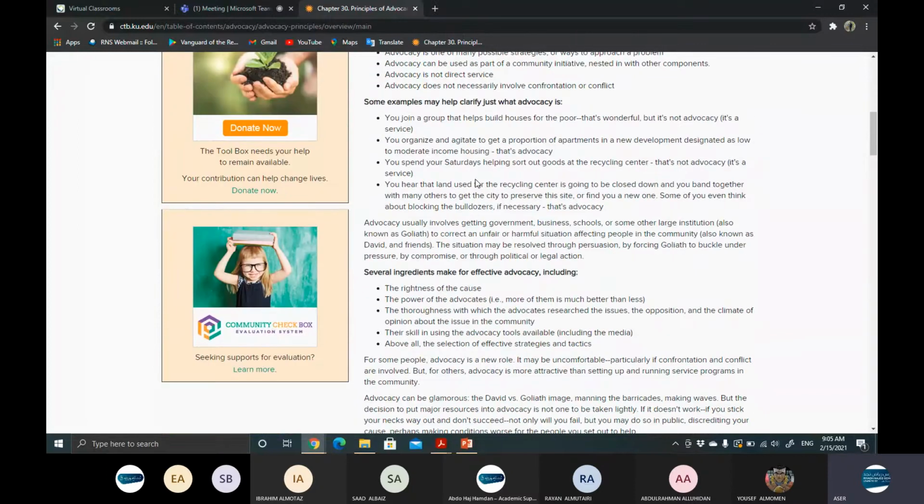Okay, but I need to remind you that if you are joining a group that helps to build houses for the poor, or you are spending your holidays helping the poor and the recycling center, that is not called advocacy.